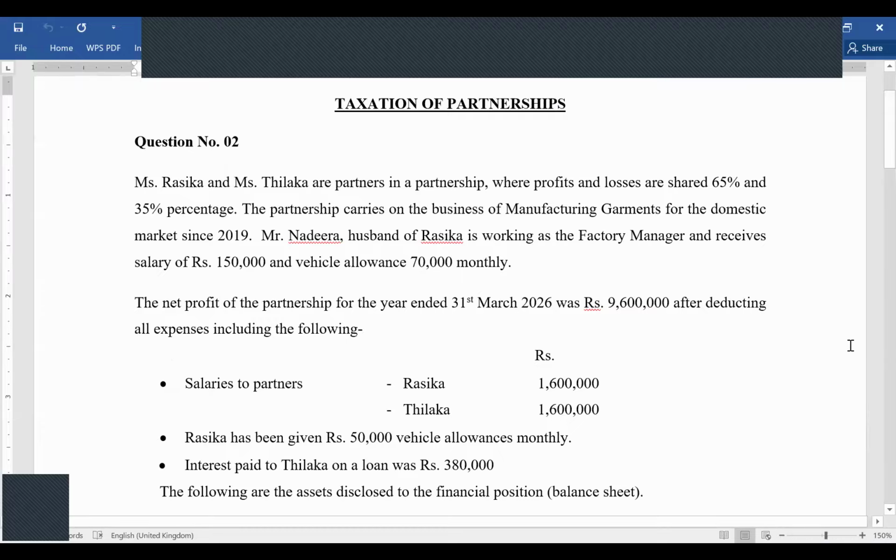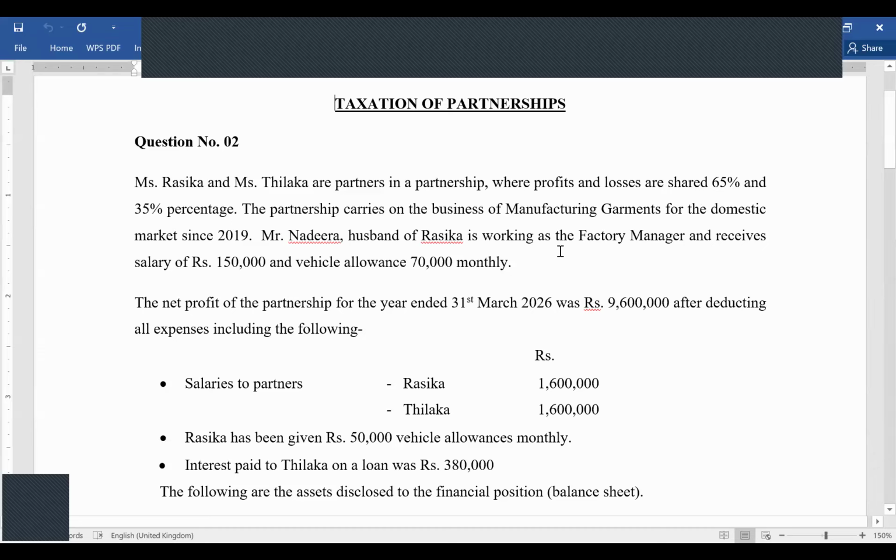This is also a calculation of a partnership tax liability. Rasika and Tilaka are partners in a partnership where profits and losses are shared 65% and 35%. That means in the first example, they allocated equally. Here, their profit and loss are allocated 65% and 35%.